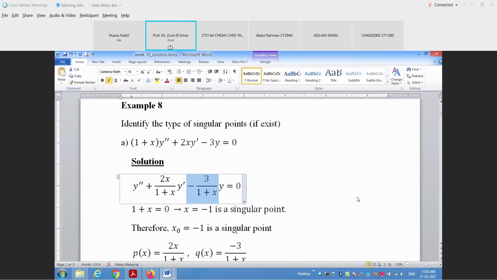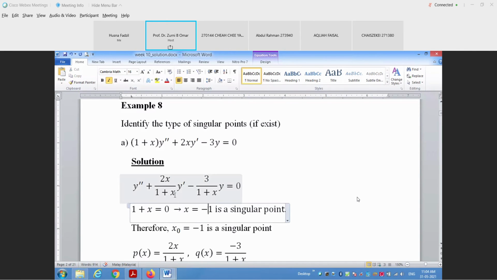And then, what are the singular points? We just focus on the denominator. They have the same denominator, which is 1 plus x. So 1 plus x equals 0, which means x equals minus 1.